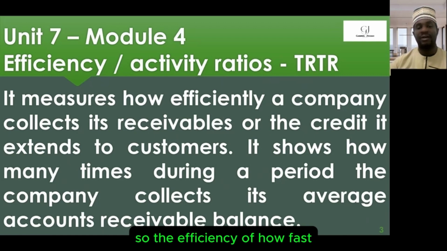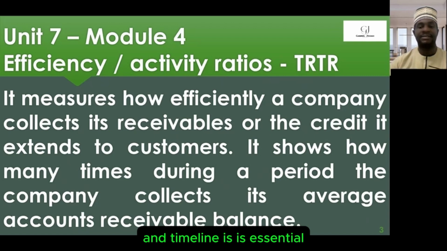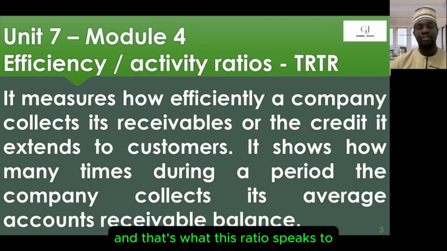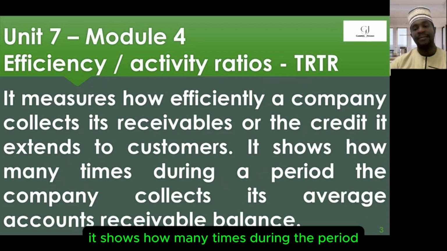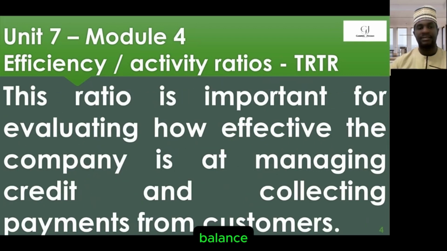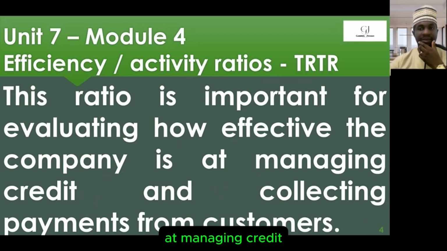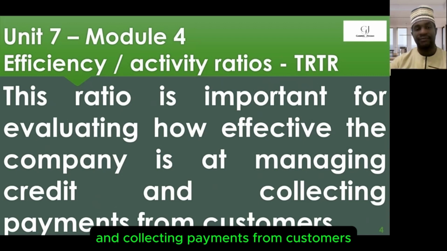So how fast and how effective the collection procedures and timeline are is essential, and that's what this ratio speaks to. It shows how many times during a period the company collects its average accounts receivable balance. This ratio is important for evaluating how effective the company is at managing credit and collecting payments from customers.